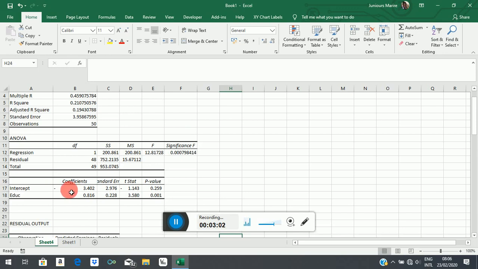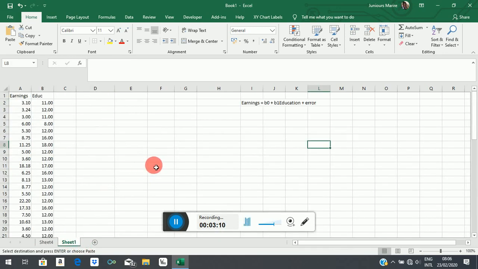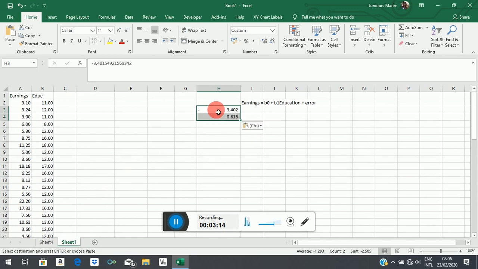Now, our regression is this. Let's bring that here. I'll just paste these two things here, that is the intercept and the slope coefficient, so that you can understand what I'm talking about.